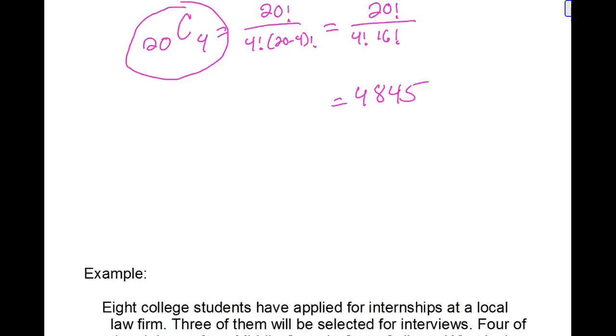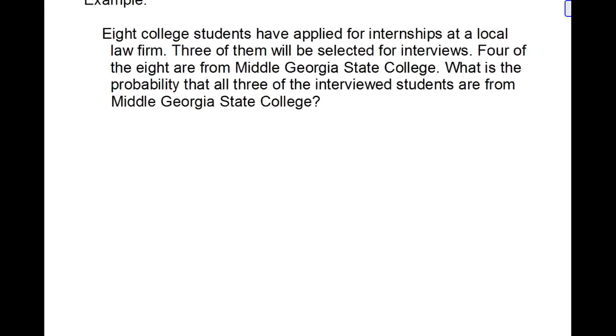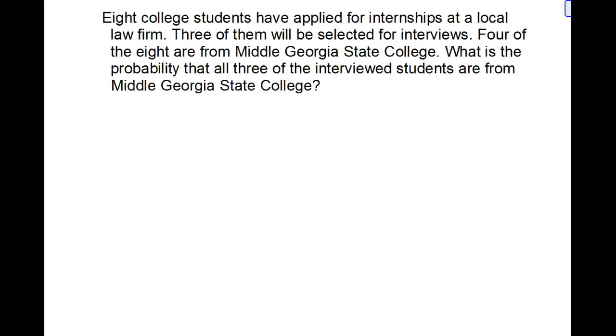We can also look at probabilities with this for combinations. 8 college students have applied for internships at a local law firm. 3 of them will be selected for interviews. 4 of the 8 are from Middle Georgia State College. What is the probability that all 3 of the interviewed students are from Middle Georgia State College?